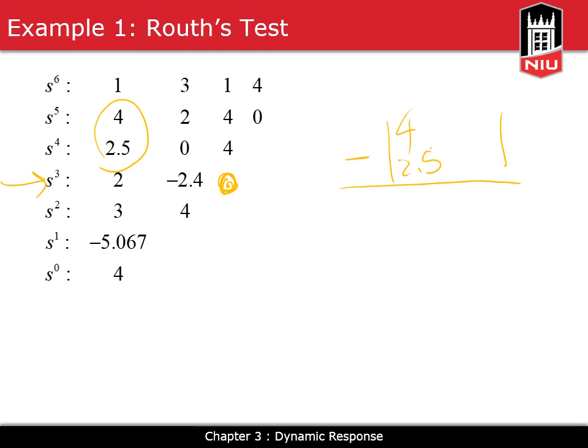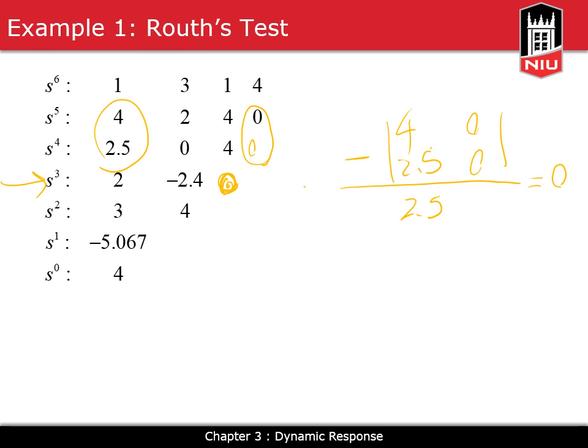Then the column after the term I want to find in the two rows above, here. Whenever you don't see anything in the table, that means it's a 0. So that is a 0 and a 0. That determinant is 0, regardless of what we have in the denominator. So we have a 0, that means we don't have to continue that row.